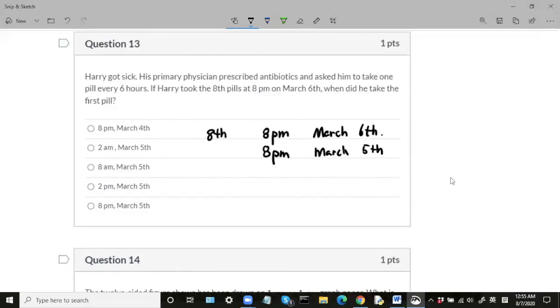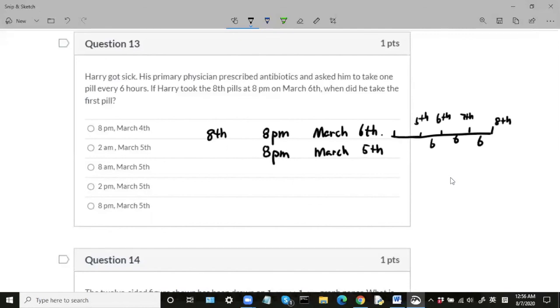There are 24 hours between these two dates. Let's draw a number line. We have the 8th, the 7th, the 6th, and the 5th pill times, with 6 hours between each, so 6 hours, 6 hours, 6 hours.